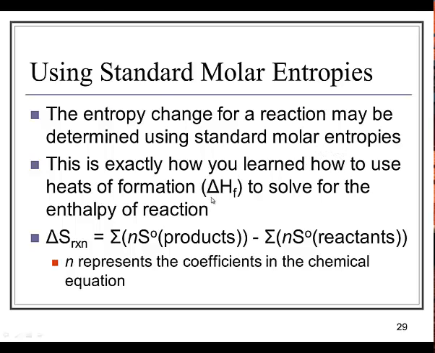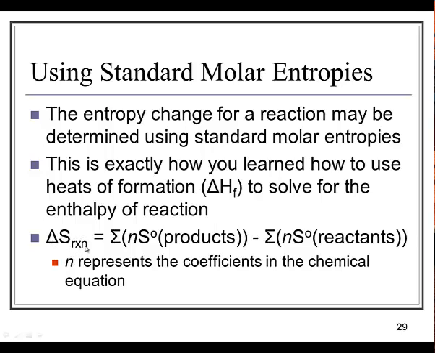We can calculate entropy change for a process or a reaction using those standard molar entropies in the same way you calculated the delta H for a reaction under standard conditions using the delta H of formation. And generally standard molar entropies and the delta H of formation will be in the same set of tables, so you'll see both of those values right next to each other. And it's calculated the same way.